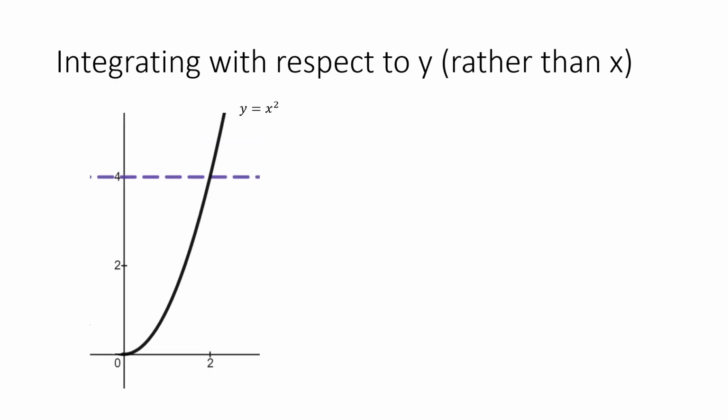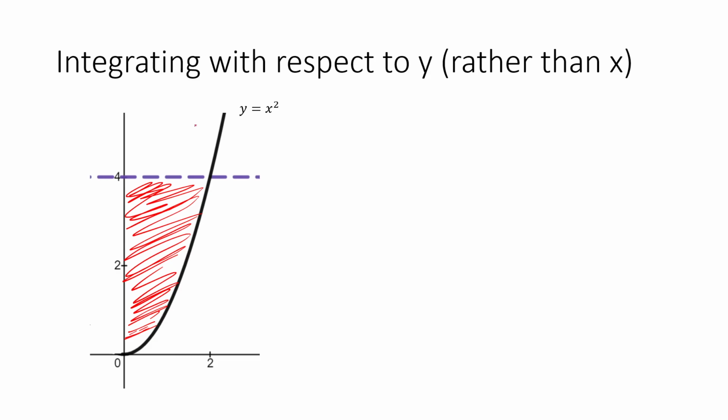All right, one final thing, and this is a little tricky, is sometimes it is easier to integrate with respect to the y-axis rather than the x-axis. And to do this, we're going to do a problem that we could actually do either way. And then I'll show you a problem that's easier to do by going dy rather than dx. But let's say we were trying to find the area that I just shaded.